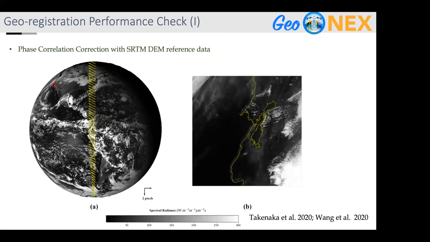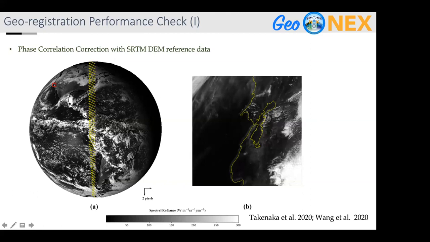So NOAA and also KMA, these operational agencies, provide some sort of geo-registration correction already, but unfortunately there are some residual errors, so we have to detect them and correct them if they are there. So for this one, for instance, this is from GOES 16.